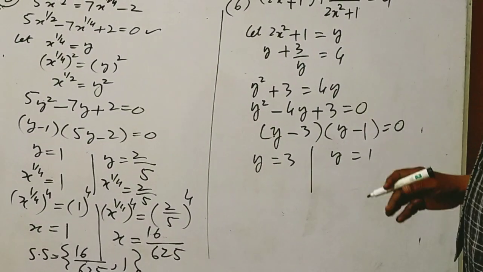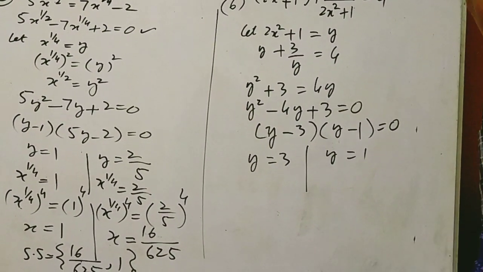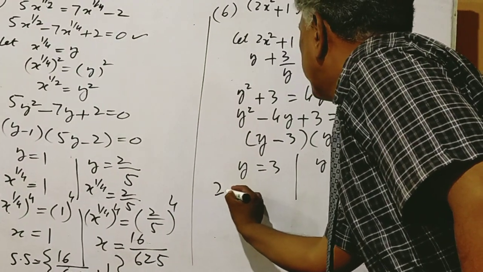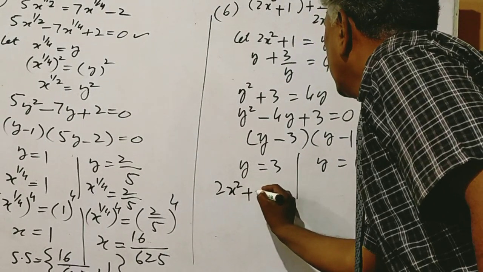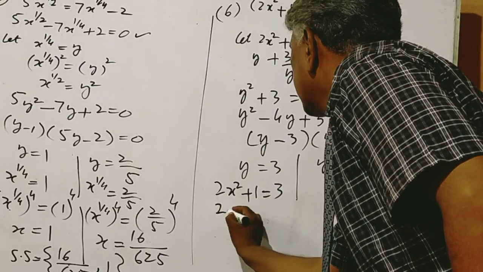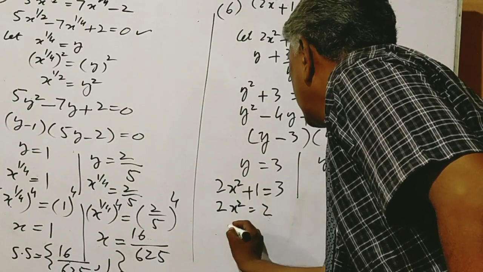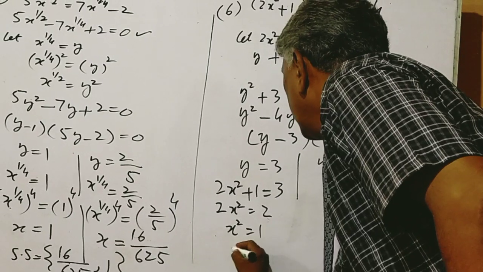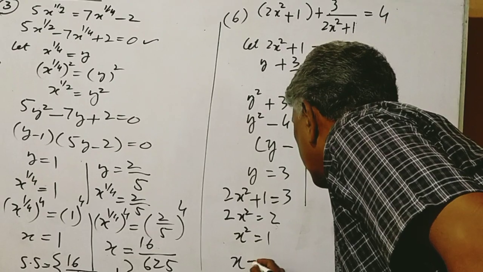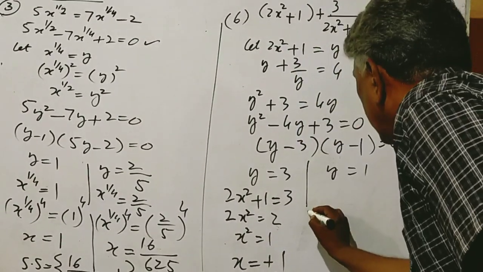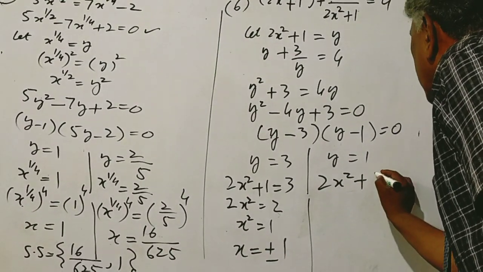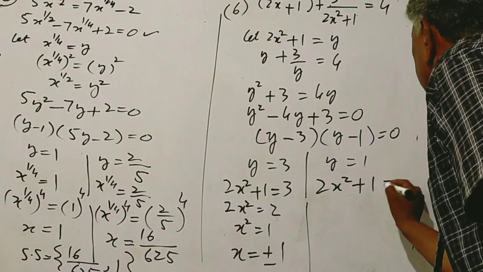Again you will come back to the substitution which you have taken. So in place of y you will put 2x squared plus 1 equal to 3. In this case you will get x squared is equal to 1, and taking square root on both sides you will get x is equal to plus minus 1. And in this case, 2x squared plus 1 is equal to 1.